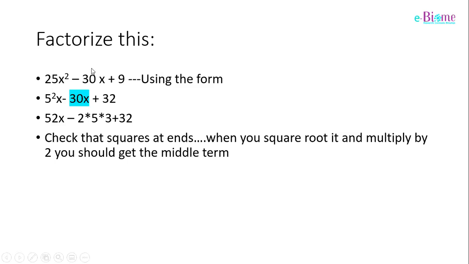So the middle term is what? 2 times a, which is the square root of the first one, times 3, which is the square root of the second one. And then you add back the plus 3 squared. As I said, it's supposed to be squared, right? So that's working out as a perfect square.